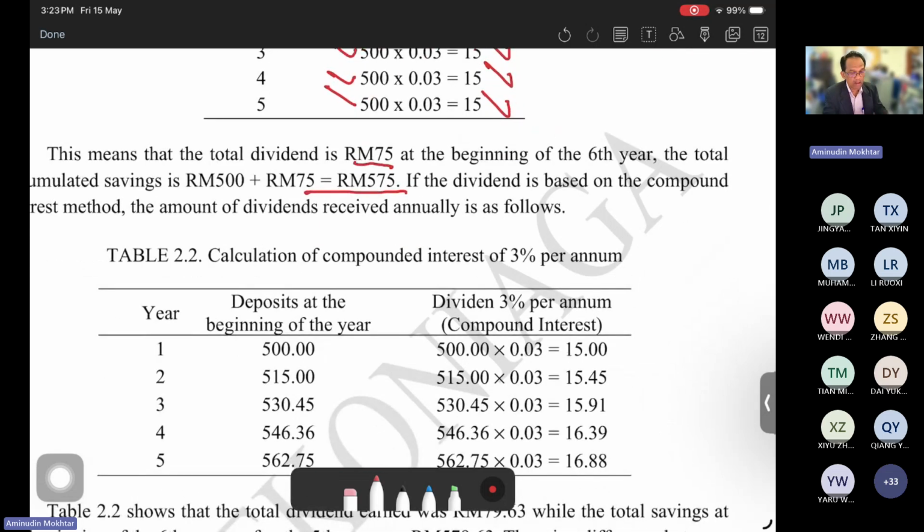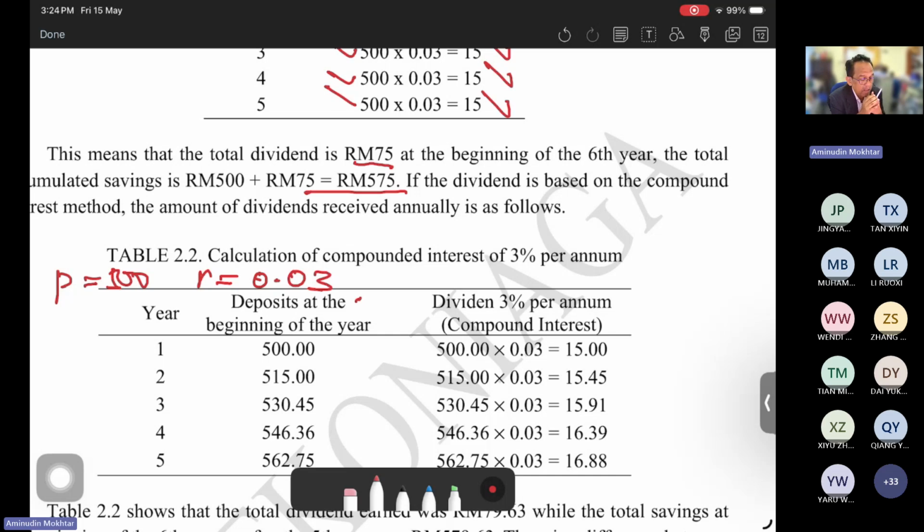The compound interest, let's say we assume that we still have the same principal. The principal is fixed as 500. The dividend is still 3%, 0.03. But now the dividend is compound interest. Dividend 3% per annum, compounded every year.